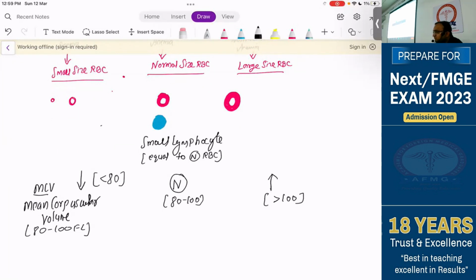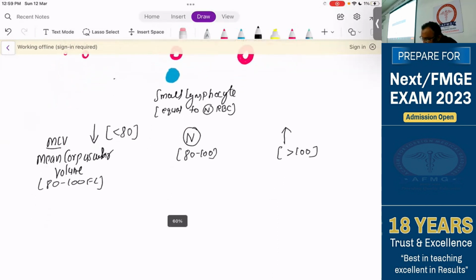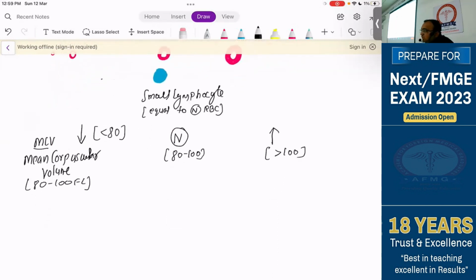Okay? Simple. MCH and MCHC usually follow the MCV. MCH and MCHC signify the average concentration of hemoglobin in the RBC.